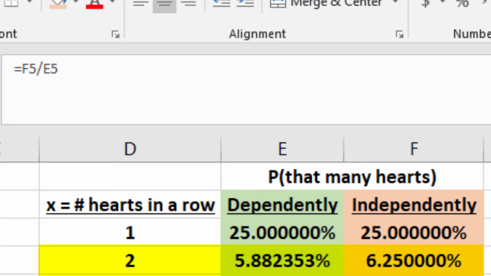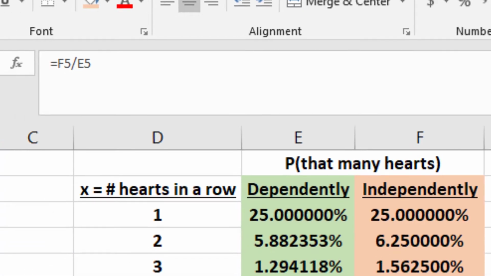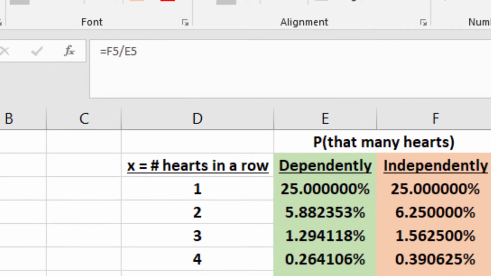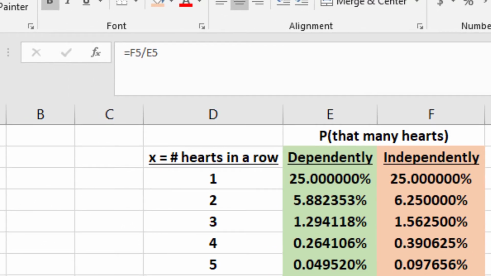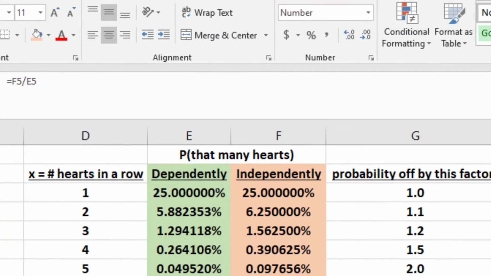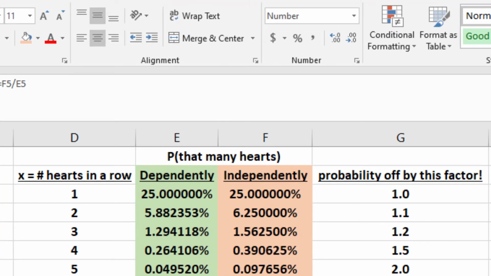So yeah, there's not much of a difference between 6.3% and 5.9%. But look what happens as we start taking more and more cards off. 3 hearts, 4 hearts, 5 hearts. Now, the real tell, I think, is when you start comparing the 2 probabilities of independent versus dependent. That's what I've done over here in this column. I put a probability offness factor.